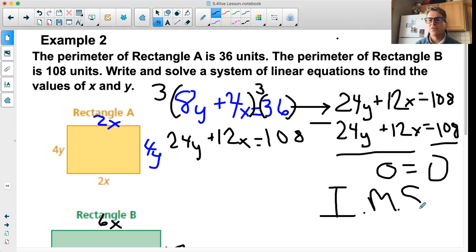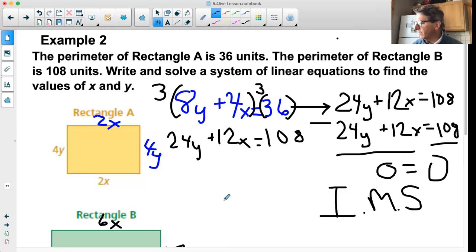So again, we're dealing with positive distances here, and we have basically the same lines. You can see that once we multiplied this top equation by 3, we ended up with the same exact line. So with that in mind, we have infinitely many solutions to this problem in example 2.